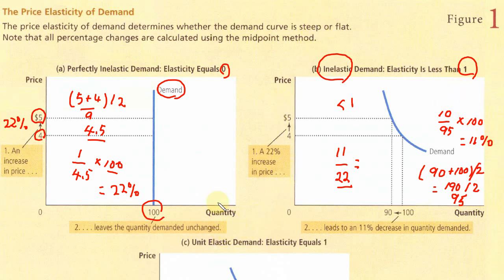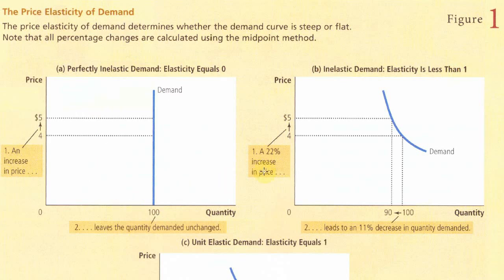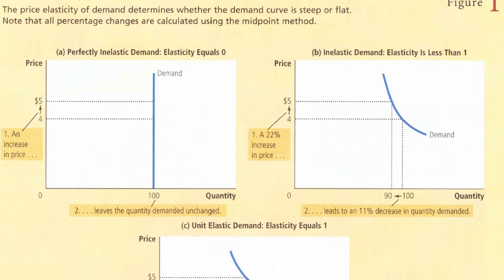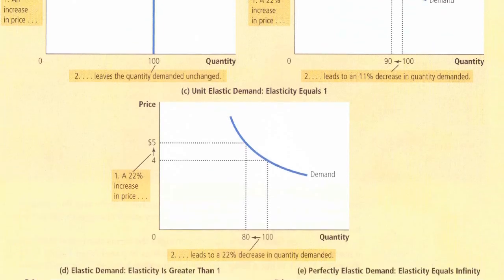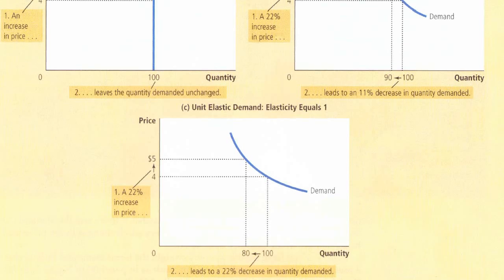What about below? Let me go to more. So we have seen the two cases of inelastic. Now this is the elastic demand, where elasticity equals 1. See that? In this case, we have increased from 4 to 5.